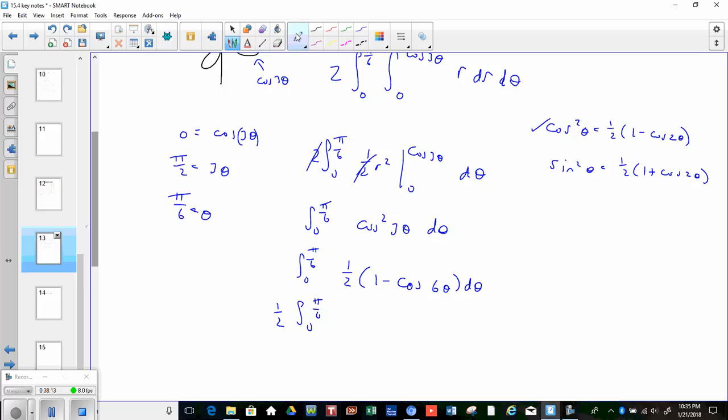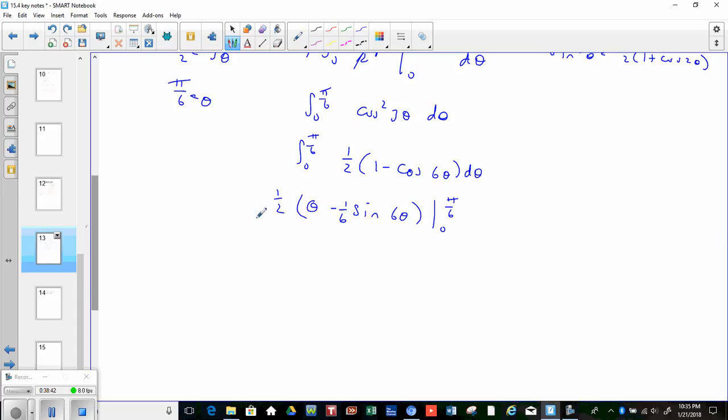I'm going to pull the 1/2 to the front, and then I'm going to take the antiderivative. Antiderivative of 1 is theta. Antiderivative of cosine is going to be sine of 6 theta, but I have to multiply it by the reciprocal of this, which is going to be a 1/6. That's a shortcut to not doing the full u substitution, from 0 to pi 6.